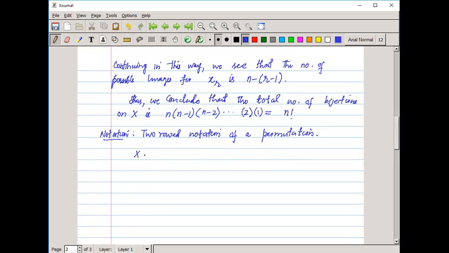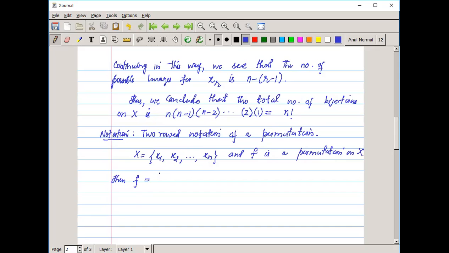If X is a set with elements, suppose x1, x2, ..., xn, and f is a permutation on X, then f sends different elements of X to different elements of X. Then we can express f like this.